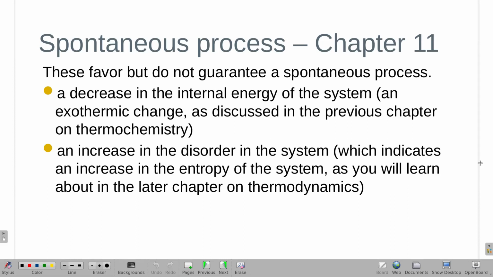Basically what we're saying is delta H needs to be a negative value. And the increase of disorder would be a delta S that is positive. Now these are both for the system or the reaction. But those 2 things are the things that favor making a spontaneous reaction.